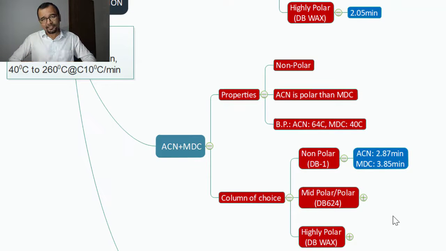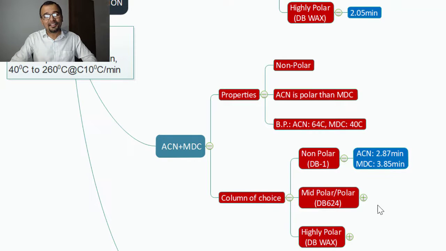What do you expect when it comes to the mid-polar stationary phase like DB624? You can expect that ACN, which earlier did not have much interaction, can have better interaction. Even dichloromethane, which is also polar in nature, can have better interaction, and that can result in an increase in the retention time for both compounds.